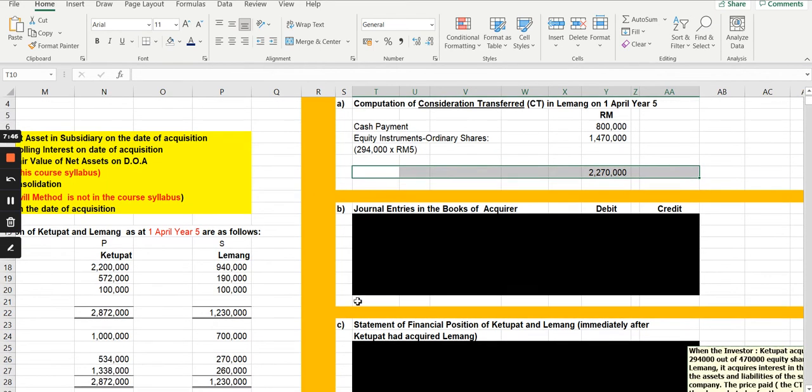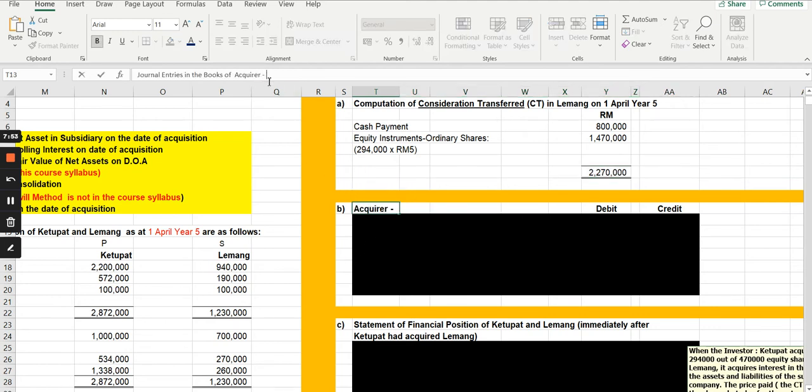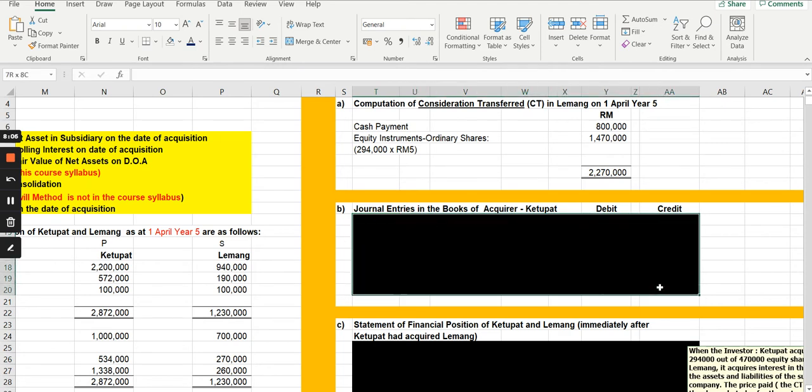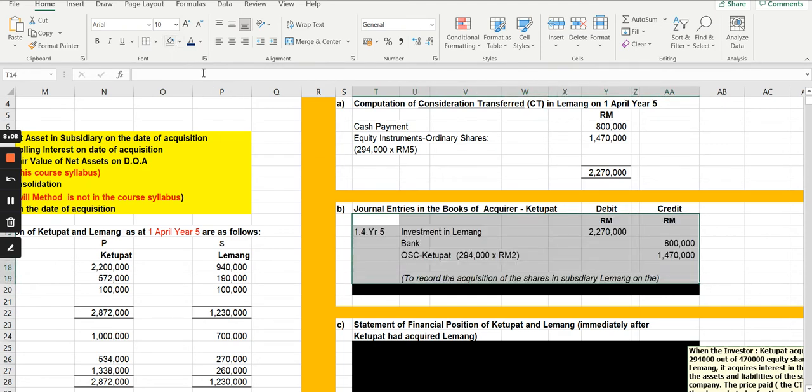Now we're going to do the journal entries in the books of acquirer. Acquirer here is Ketupat. So in the books of Ketupat, we're going to record this acquisition that we made, that we have transferred some consideration. The investment is an asset, so this is why you debit the investment.